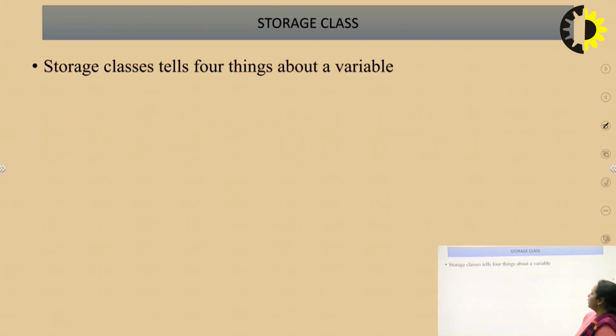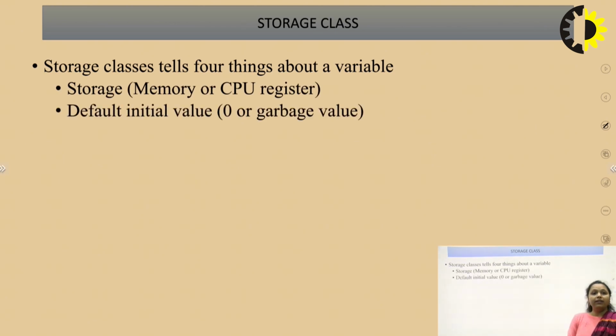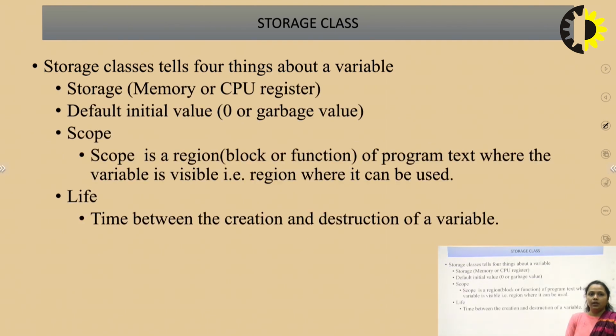So what are storage classes? Why do we need storage classes in C? As the name suggests, storage classes tell you about the storage of any variable or data which is being used in the program. In C, a storage class of a variable will tell you about the storage of the variable, that is, whether it is being stored in the memory or in the CPU register.